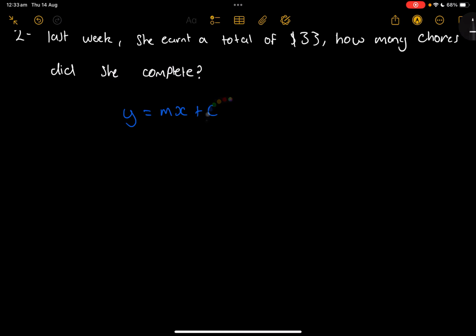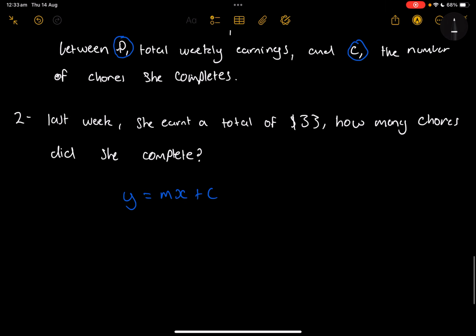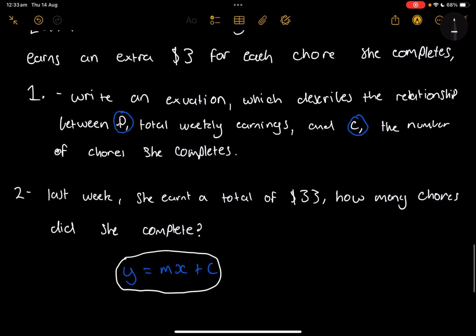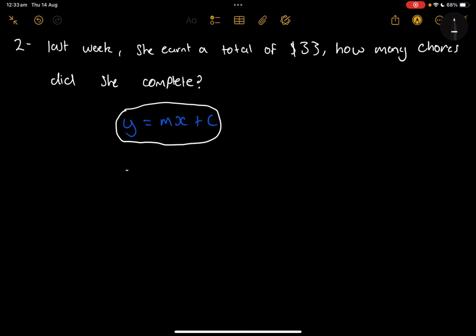On to the question. To write an equation to describe the relationship, it needs to be in this form here. Now it's asking for the total weekly earnings, which is P. That's the total amount. That is the same as the Y here.